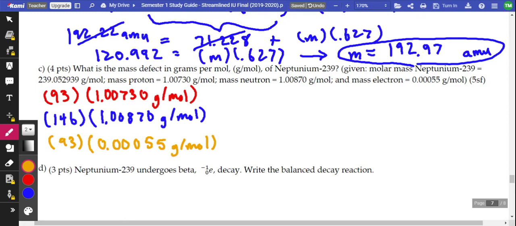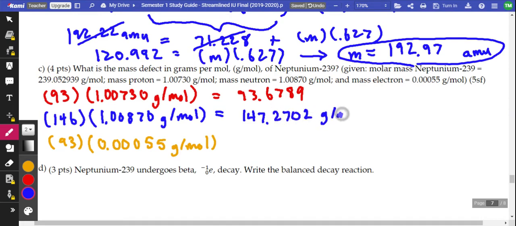Okay, so let's add all this up, or rather multiply it first and then add it. 93 times 1.00730 gives me 93.6789. 146 times 1.00870 gives me 147.2702.